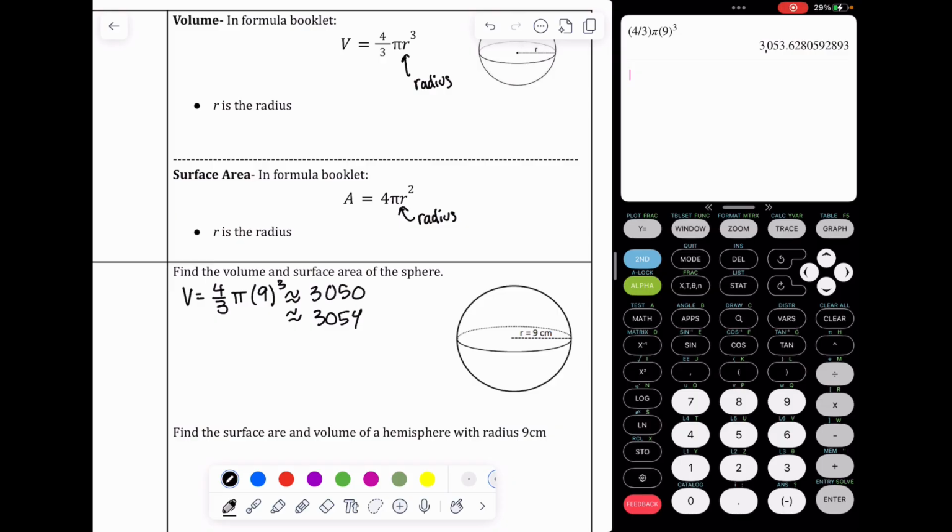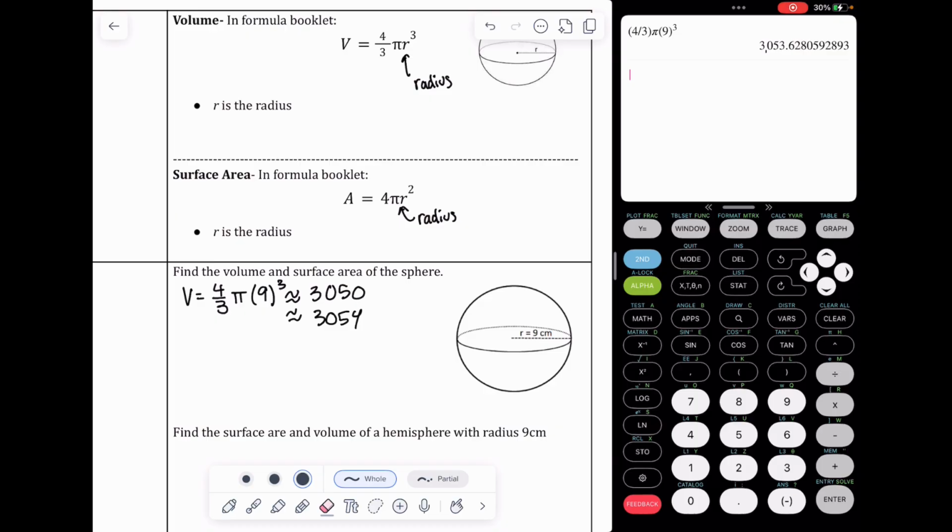You can give more as long as you round correctly. It would not be correct if you wrote 3,000. If you wrote 3,053, that would not be correct, because that isn't how you'd correctly round to the nearest digit. So make sure you're either rounding to 3 sig figs or more precise, but rounding correctly.